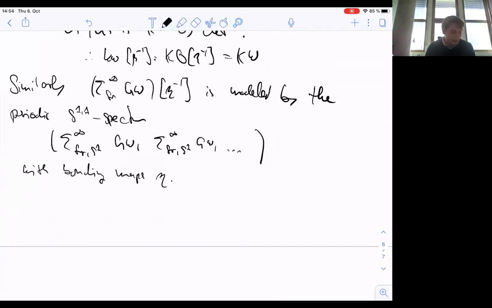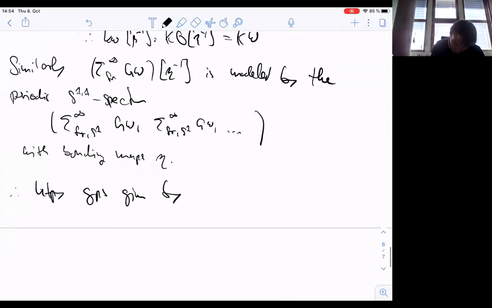And so what this tells you is that the homotopy groups are basically the colimit of n-fold G_m loops on this.